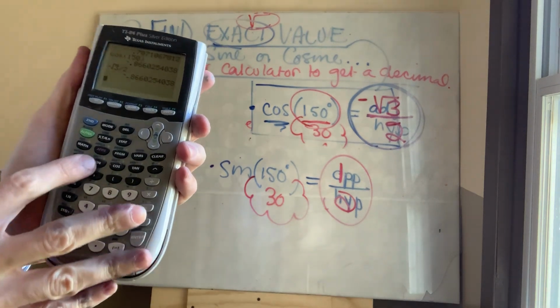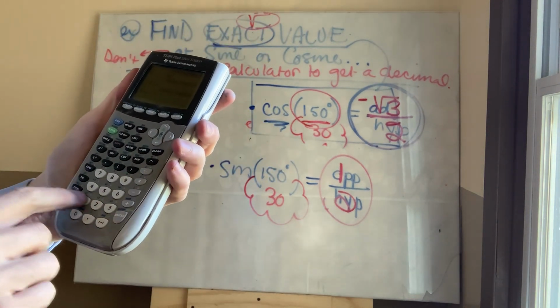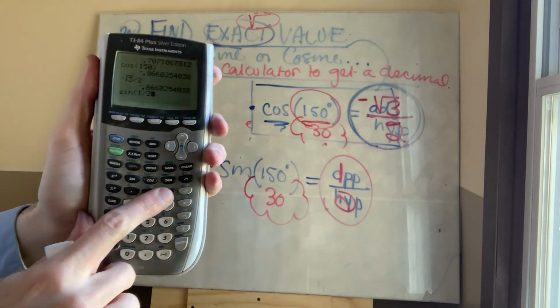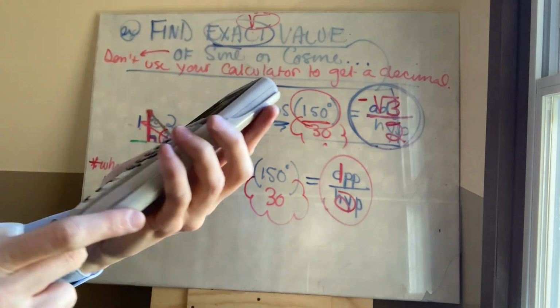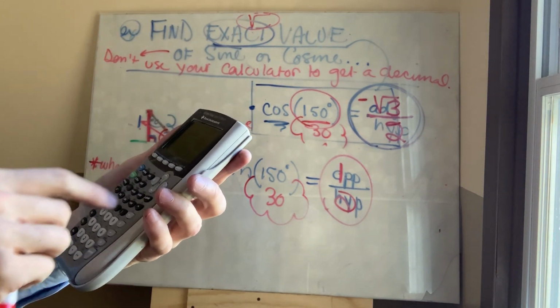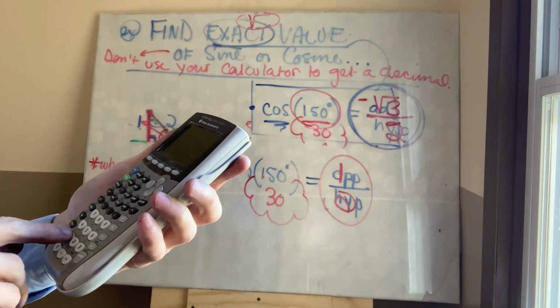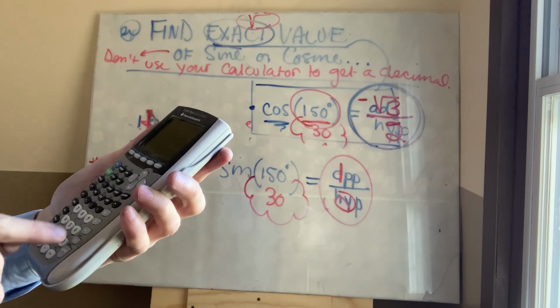Here's if you took your calculator, sine of 1 divided by 2, you see that you get 0.5. There's an error here, sorry. 1 divided by 2.